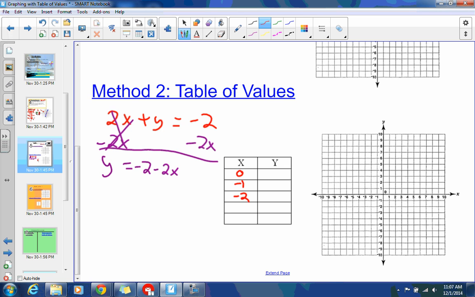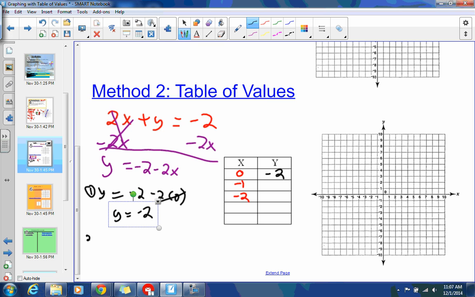So let's first do the first one. Plug in 0 for x. So y equals negative 2 minus 2 times 0. And if you know anything about multiplying by 0, this cancels out. So y equals negative 2. That's all it is. So when x is 0, y equals negative 2.